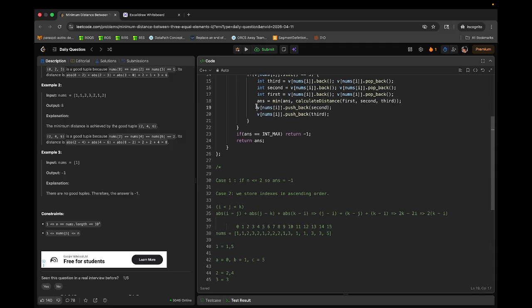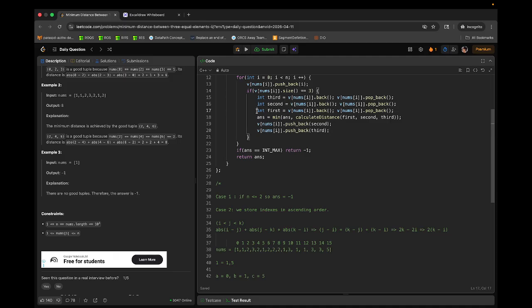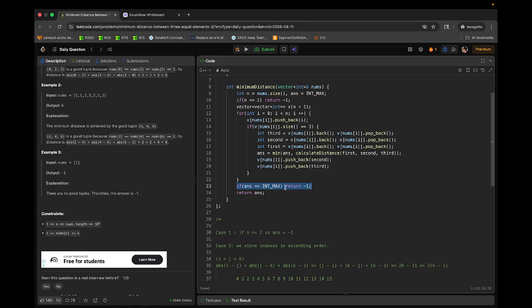We removed the first element and kept the second and third, so that the new element can compare with the last 2 elements that occurred, because we need 3 consecutive elements. Then in the end, if our answer is still max, we didn't find the minimum answer, so we return minus 1, else we return the answer.